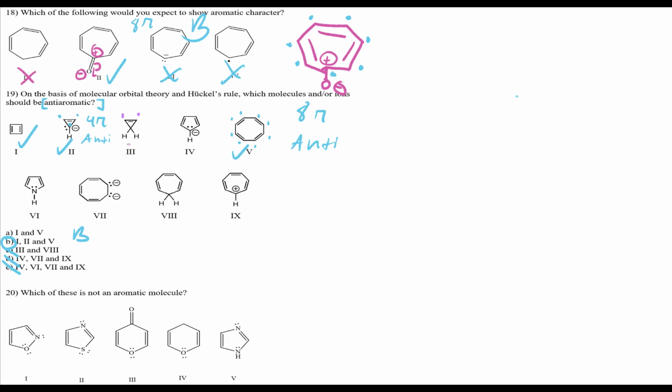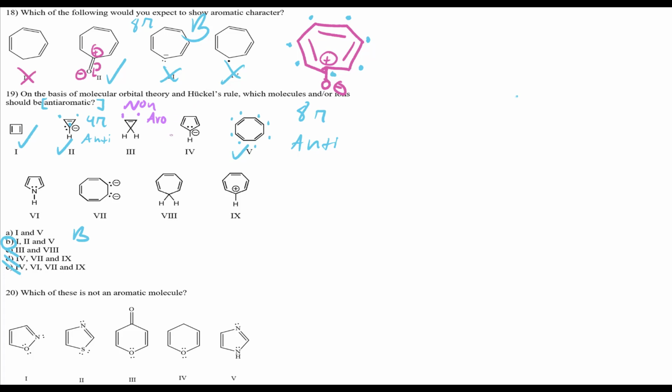If there's no conjugation, then there's no Huckel's rule. There's no anti-aromatic. There's no aromatic. Therefore, this would be non-aromatic. It fails the checklist. Anti-aromatic passes the checklist, but it fails at Huckel.